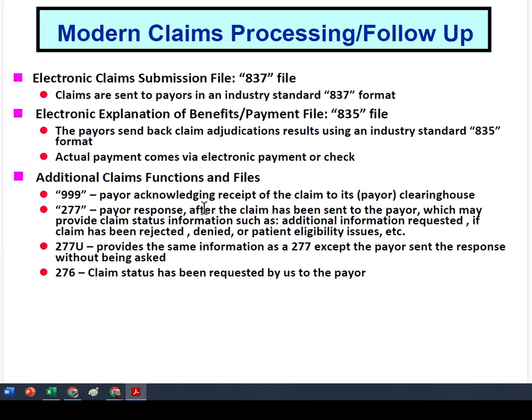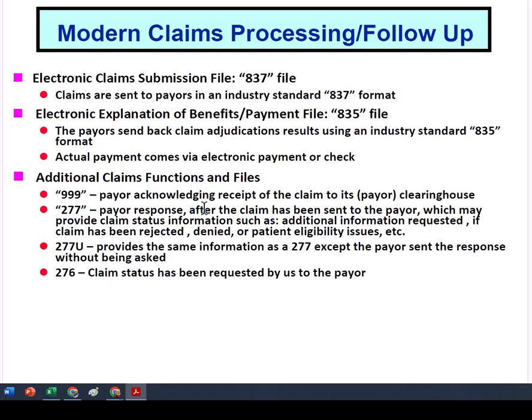Just a quick aside, if you hear these terms, in the old days, we sent claims out on paper, in the dinosaur times. And then Blue Cross was one of the first ones we could submit them electronically.